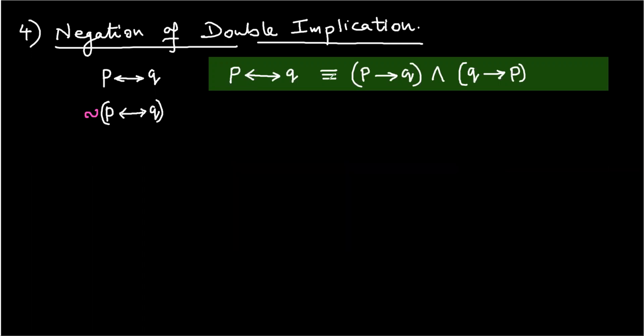This is the true statement. The left hand side and the right hand side, these two statement patterns, are logically equivalent. So if they are logically equivalent, let me write the negation of the left hand side and the negation of the right hand side. If these two are logically equivalent, their negations will also be logically equivalent.